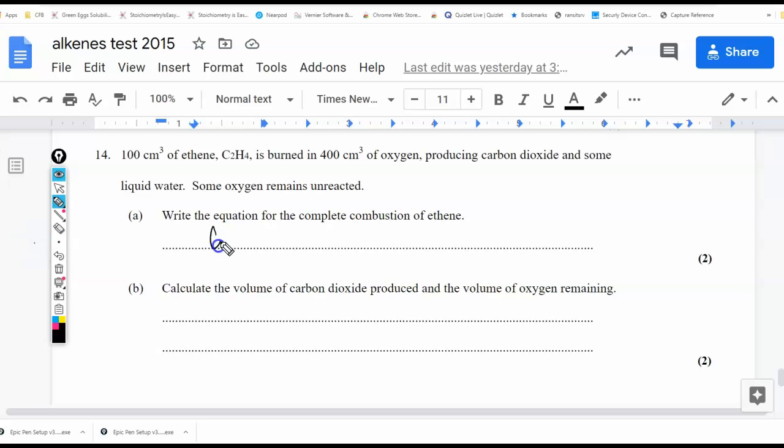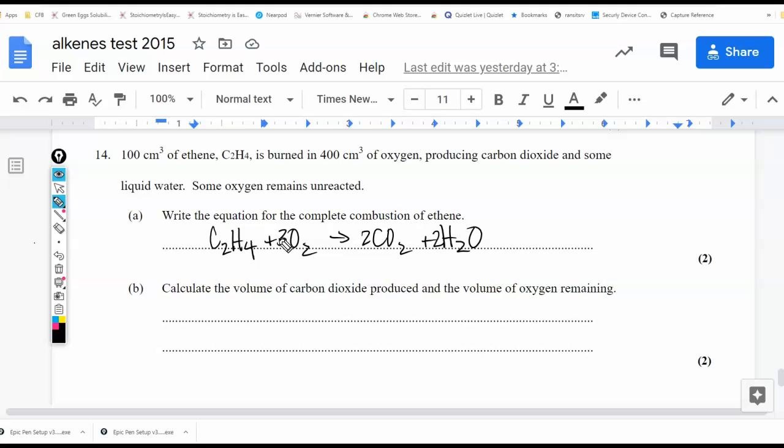So here we go. Here is ethene, C2H4, plus some oxygen yielding some carbon dioxide and some water. And we are going to have to balance this. So I'm going to need a 2 here, and I'm going to need a 2 here. So right now I need a total of 6 oxygens. So I need a 3 here.